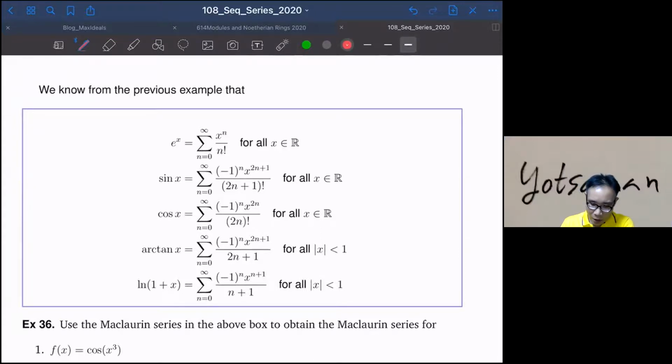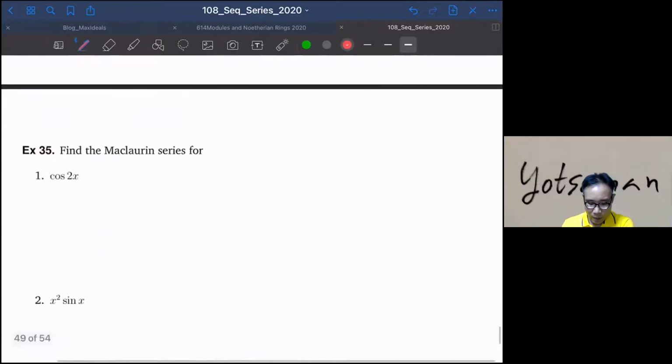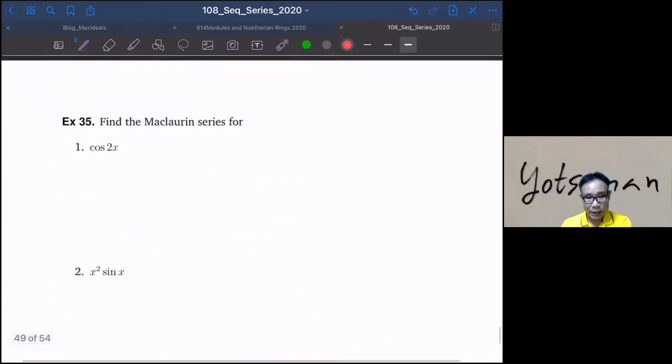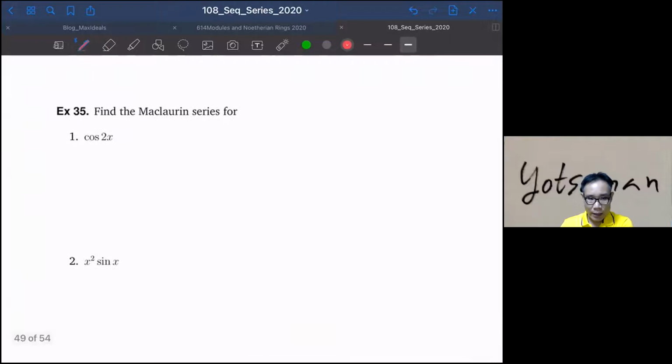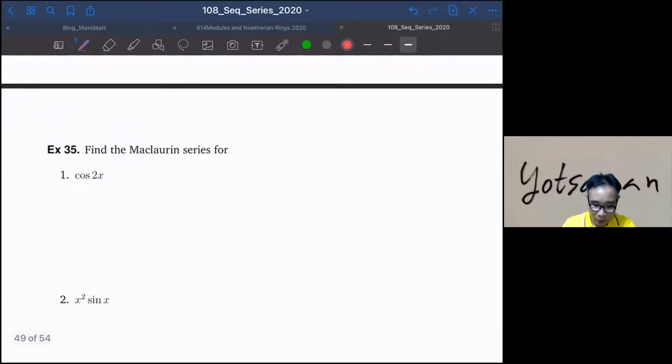Okay, so let's try to find the power series for something like this. You see that you have the power series for cos x. So cos x is given by the sum n equal to 0 to infinity of negative 1 to the n over 2n factorial, x to the 2n.